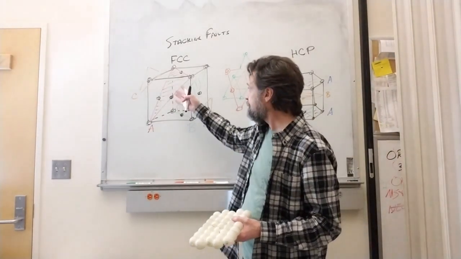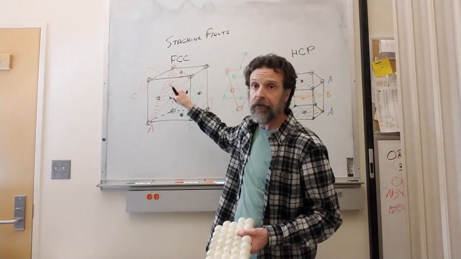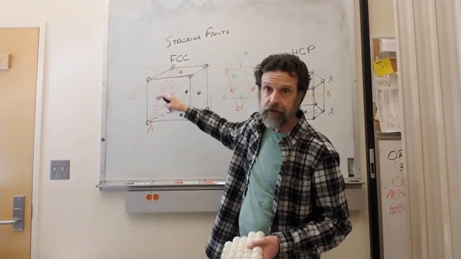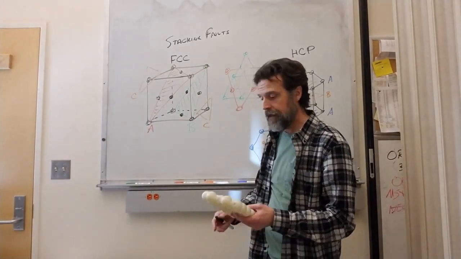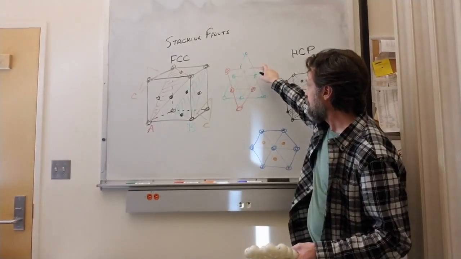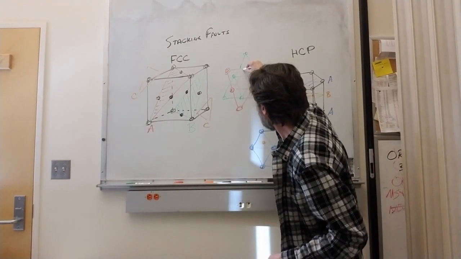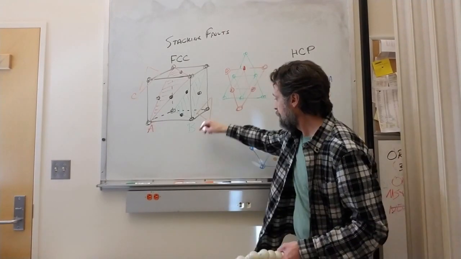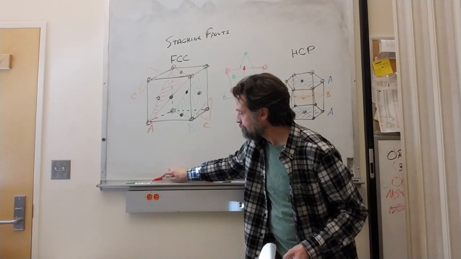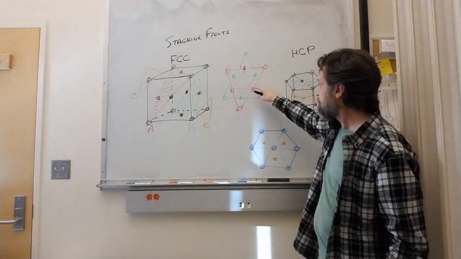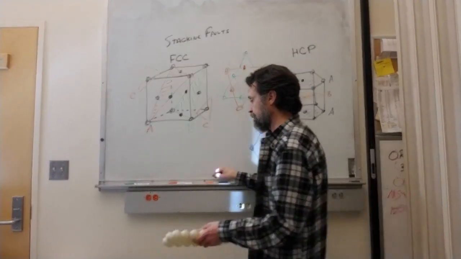In the case of FCC, if you draw the 1, 1, 1 planes, for example, the red plane, I drew the red plane here in red, in this one atom, you'll notice that the red atoms stack together to make a hexagonal lattice.